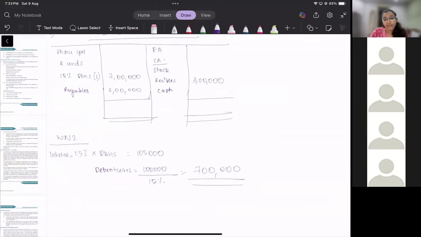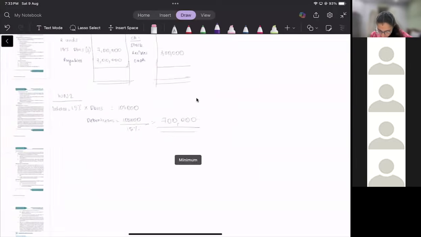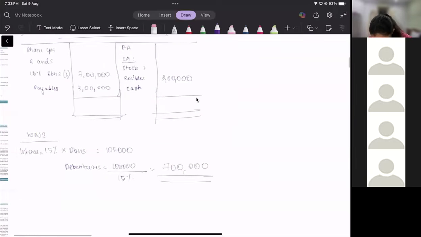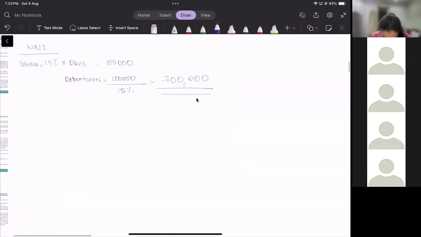Then what can we find out next? What hint have they given in the question other than this? Somebody has mentioned inventory. Yes, correct. So for inventory, let's give it as working note number 3. See, writing steps are also important.